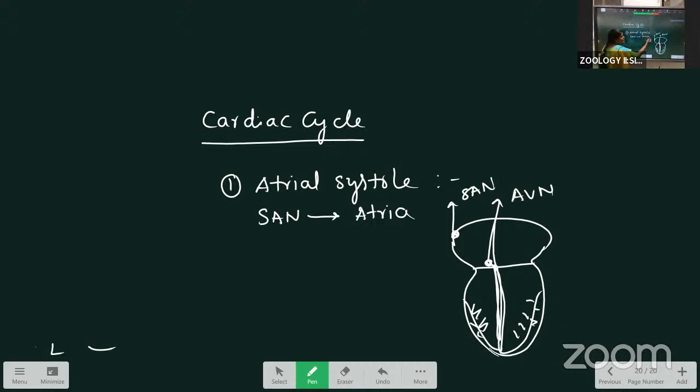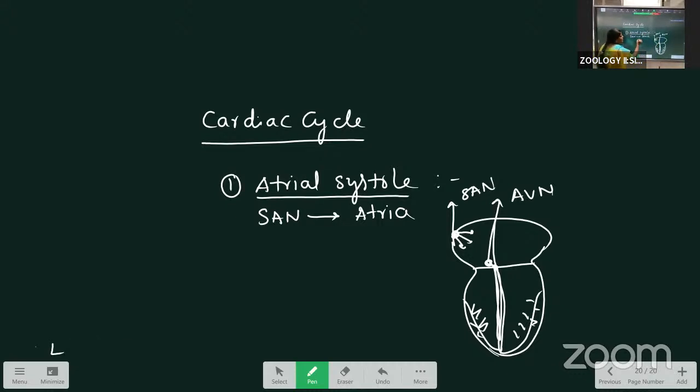When the SA node generates the action potential, both atria, left and right, contract simultaneously. That process we call atrial systole.